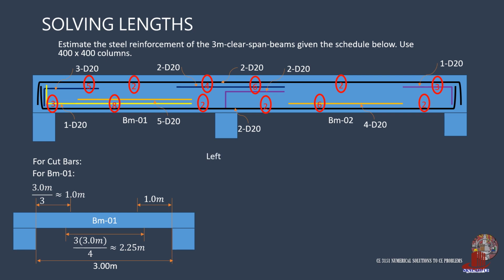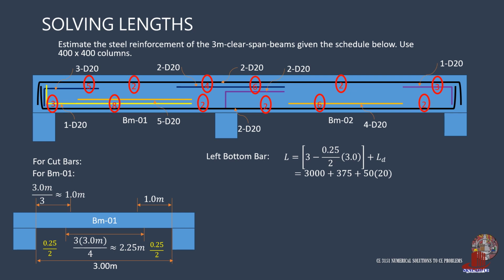For the bottom bars in beam 1, there is 1D20 at the bottom left support, and this continues until the midspan. To calculate the length, note that the midspan is 3/4, so the remaining length is 1/4, and this will be divided between the left and right supports. So if the right support is 0.25 over 2, the length of the bottom bar is then 3 meters minus 0.25 of 3 over 2, then add the development length.